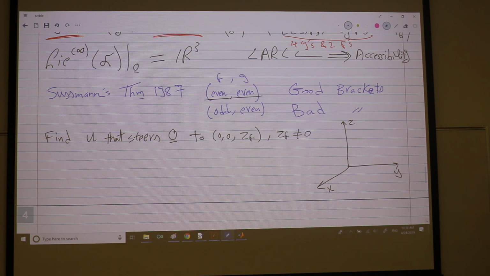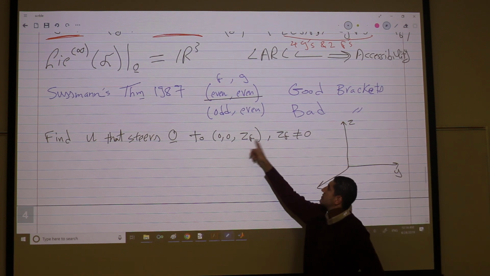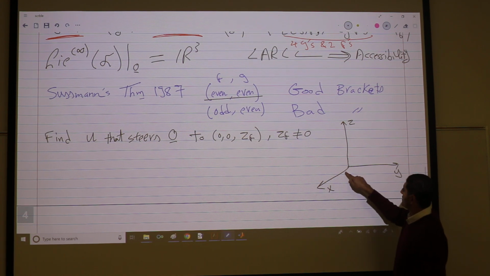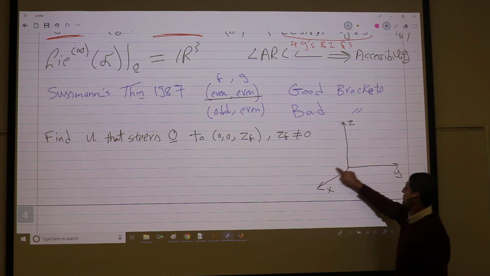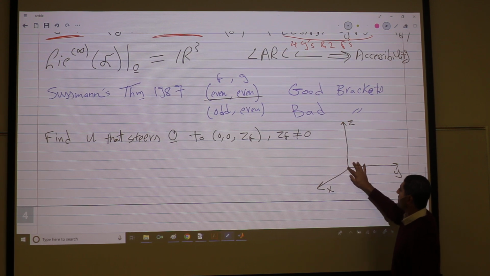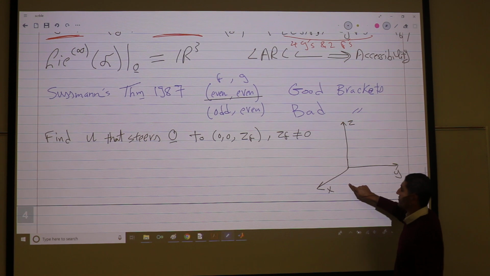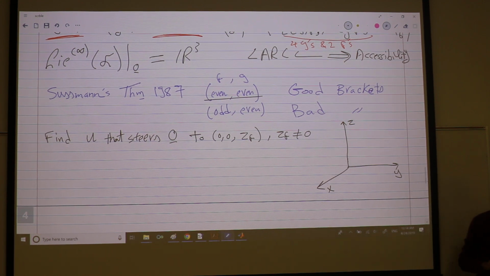Can we do that? Are we sure that we can reach that point? So from the origin, we're going to play around with controls, and finally we will reach some value along the z-axis, whether it's positive or negative. Are we sure about that?